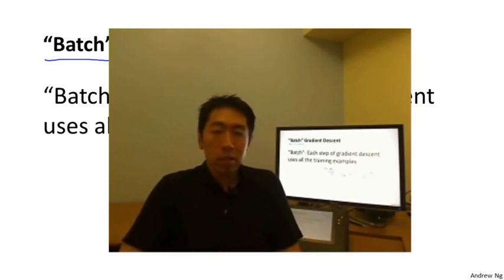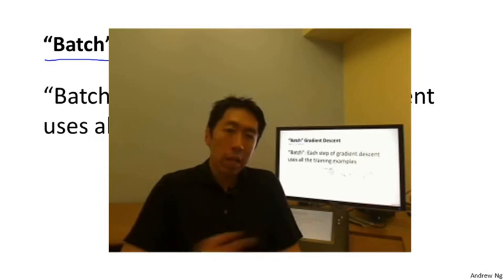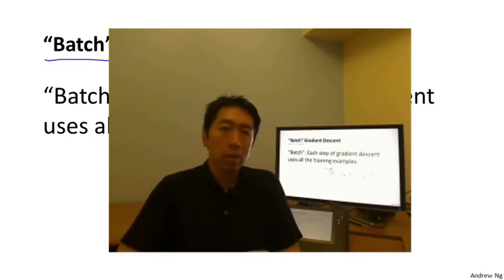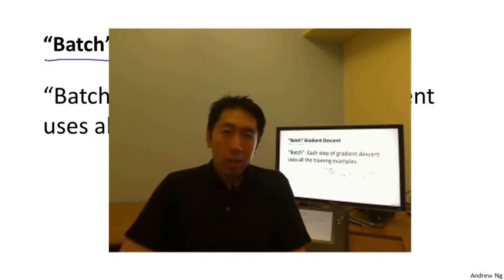That other method is called the normal equations method. But in case you've heard of that method, it turns out that gradient descent will scale better to larger data sets than that normal equation method. And now that we know about gradient descent, we'll be able to use it in lots of different contexts, and we'll use it in lots of different machine learning problems as well.